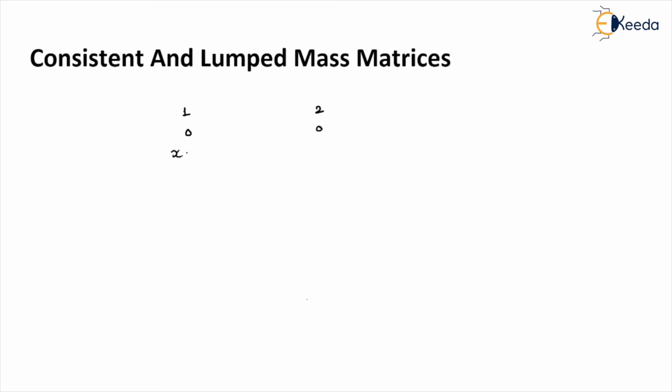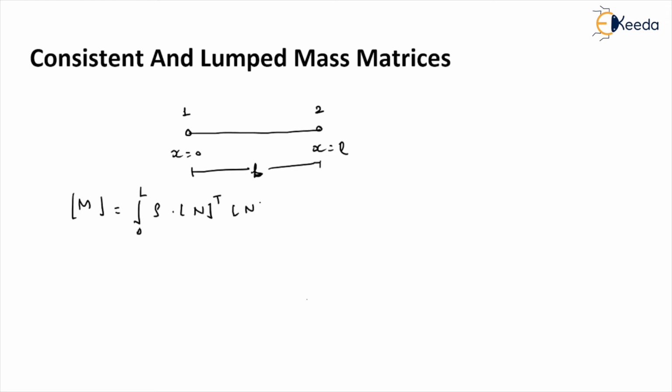Here the x is equal to 0, here the x is equal to L. Total length is L. So now the mass matrix is defined as the integration over 0 to L, because the total length is capital L, of rho into transpose of shape function into shape function dV over volume.